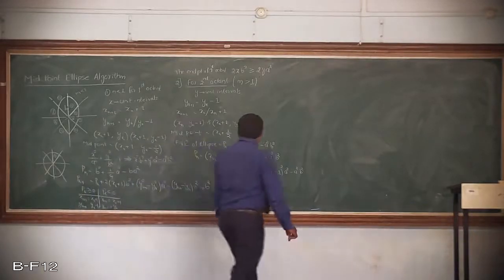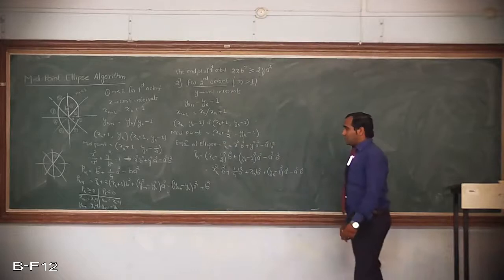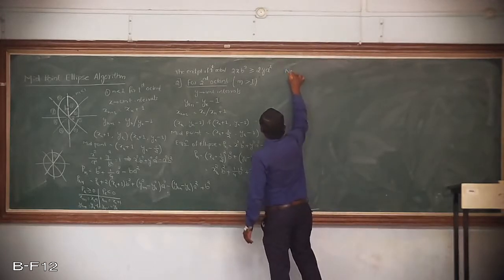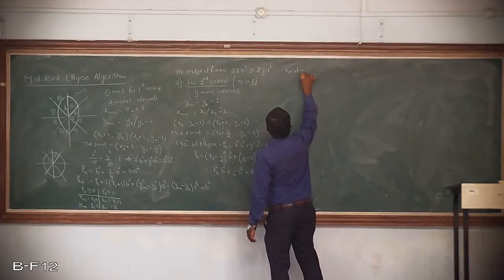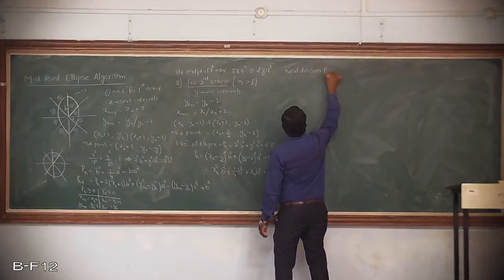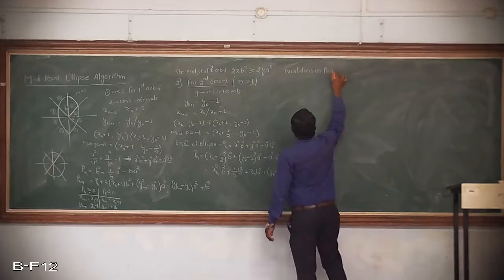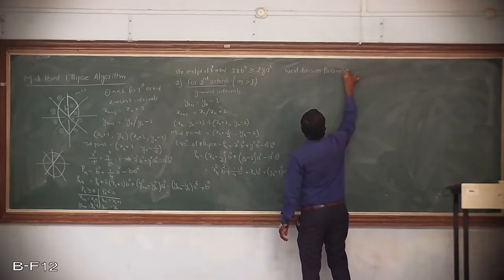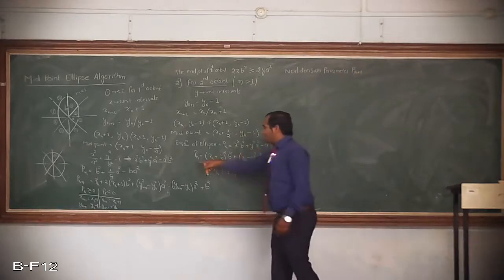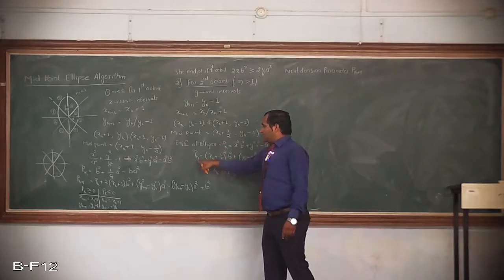Now I have to write the subsequent decision parameter, the next decision parameter pk plus 1. What I have to do is change the subscript from k to k plus 1.